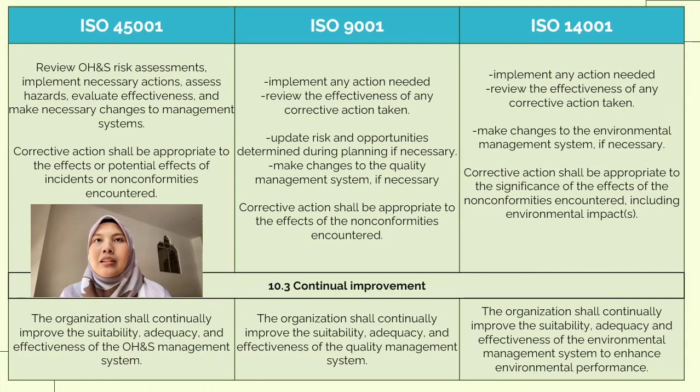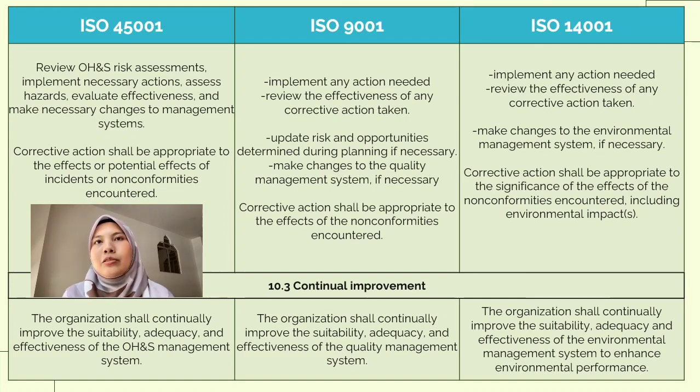But in ISO 45001, review OSH risk assessment, implement necessary actions, assess hazards, evaluate effectiveness, and make necessary changes to the management system. Corrective action shall be appropriate to the effects or potential effects of incidents or non-conformities encountered.